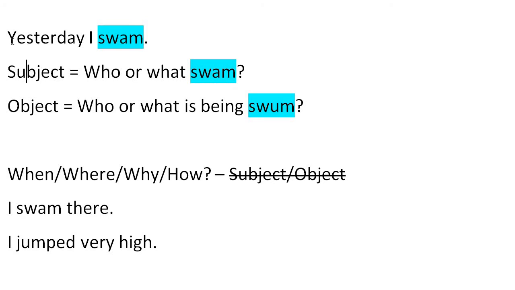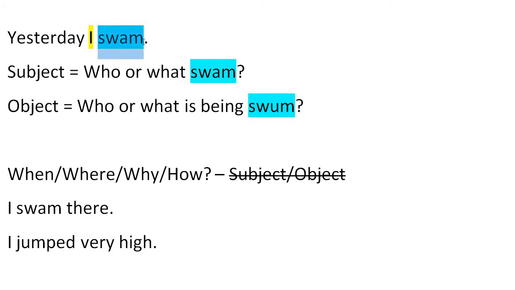So if we look at yesterday I swam, yesterday is answering the question of when, but I is answering the question of who swam, right? And there's not going to be any object, because if you say I swam, well, it wouldn't really work.